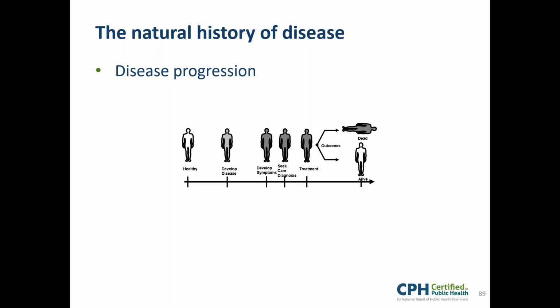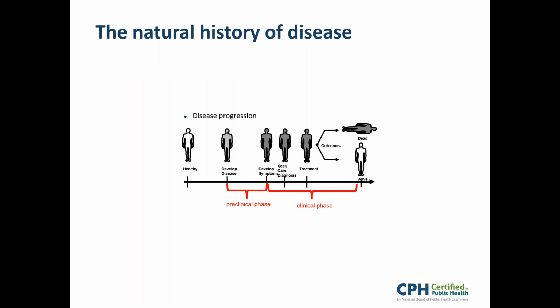In order to answer some of these questions, it's really important to understand the natural history of disease. Any disease will progress from the healthy state to disease development, symptoms, care-seeking behavior, diagnosis, and ultimately some treatment or outcome. In this particular figure, the outcome is either dead or alive.